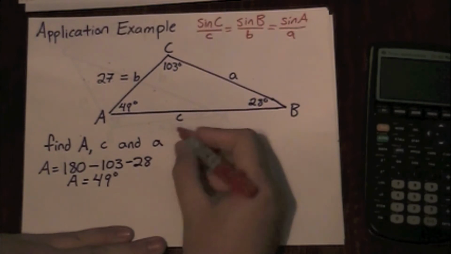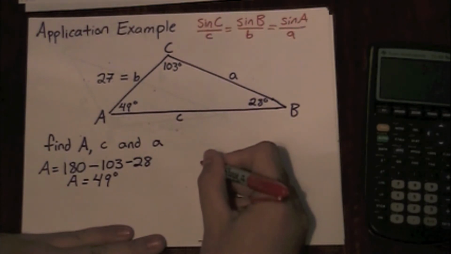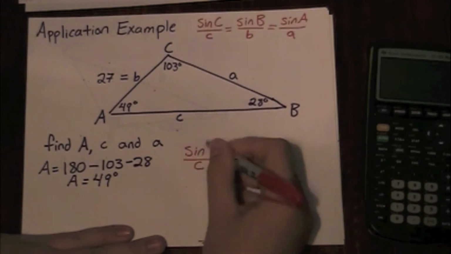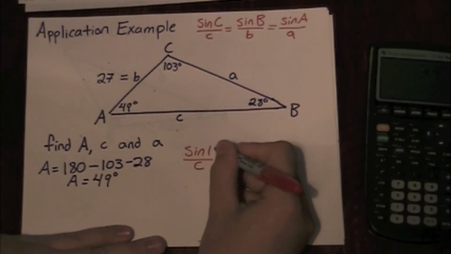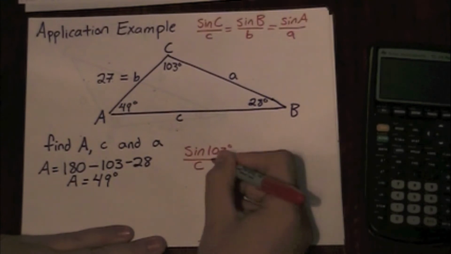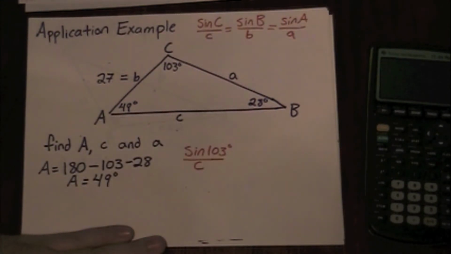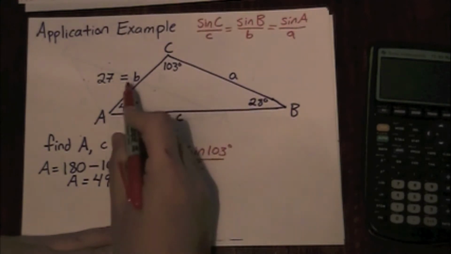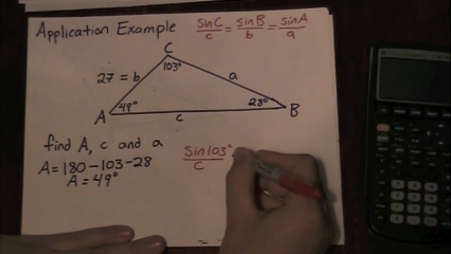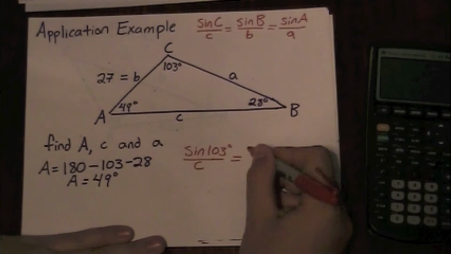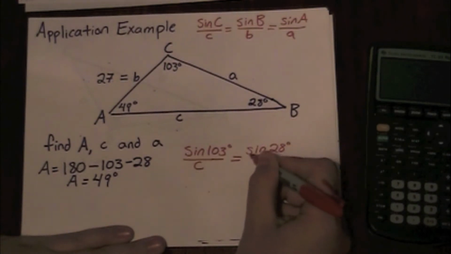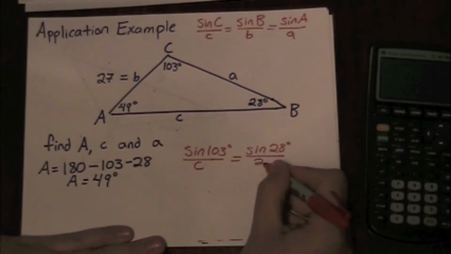Side c, I don't know, but I do know the measure of angle C, which is 103 degrees. I do know both parts of angle B and the side that measures b. And that's going to give us sine of 28 degrees divided by 27.